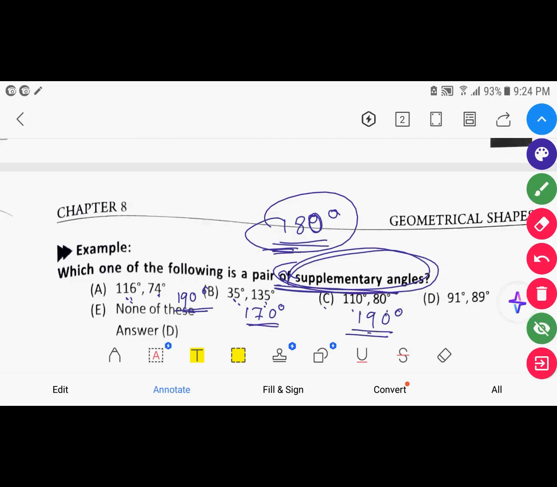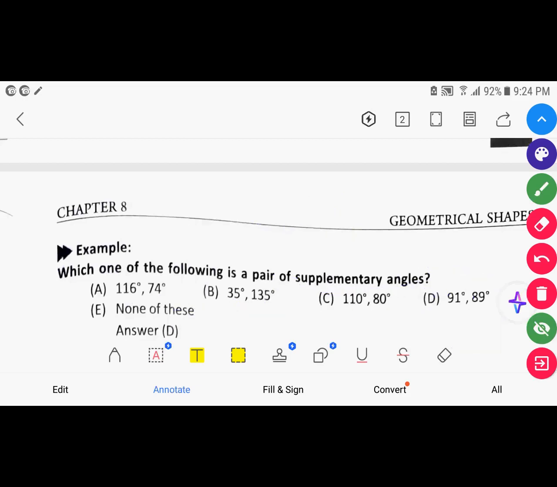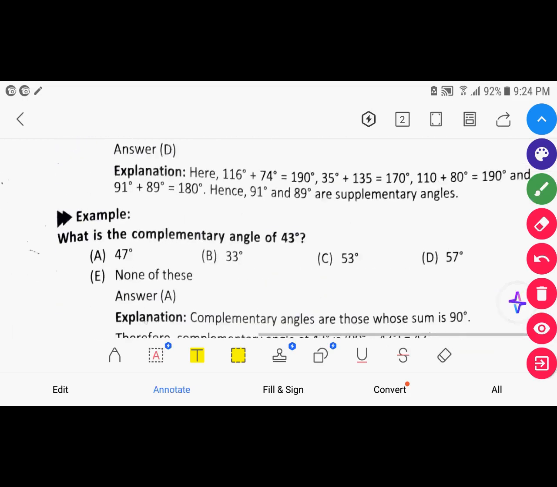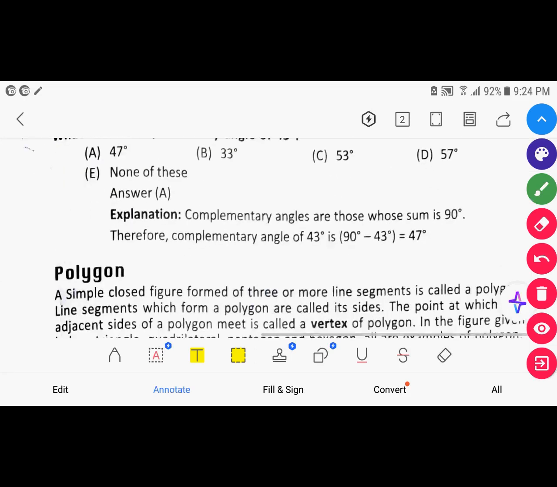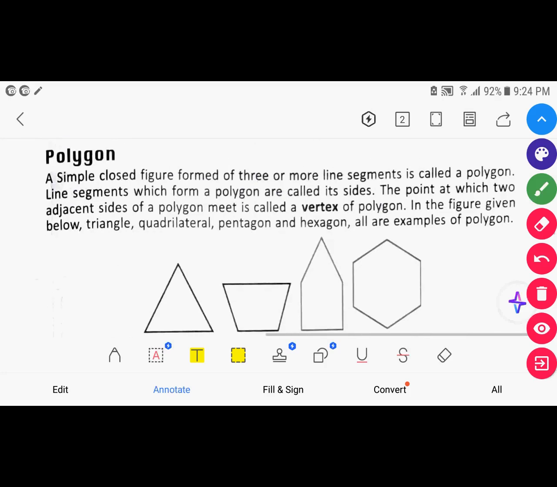So it is also not a supplementary angle. But 91 plus 89 makes 180. So it is supplementary to each other. This is one example, and in another example, one of the complementary angles is given as 43 degree and you have to find the other. So 90 minus 43 and you get your answer.